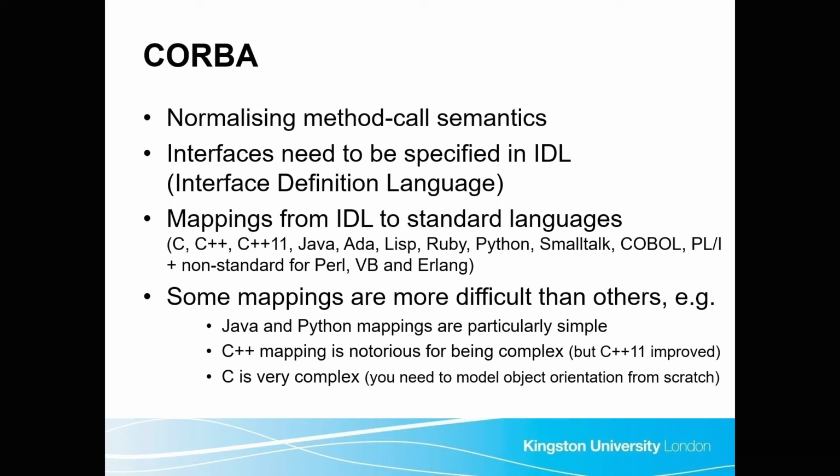So this is mostly a platform for Java and Python, much less for C++. C mapping, so a non-object-oriented version, exists, but it's very complex simply because you really need to model object orientation from scratch in this mapping, so it's basically impractical.